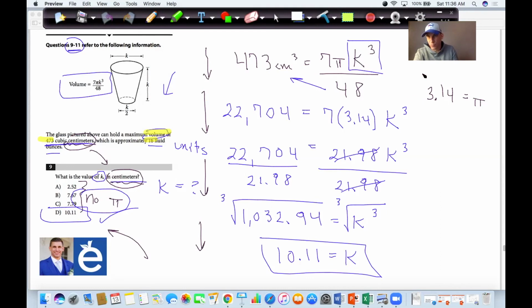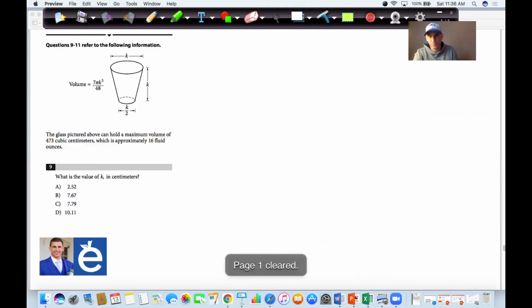Otherwise, I would have just sort of stood there like, well, what do I do with 3.14? Granted, hopefully at the very end, you would realize, oh, well, I basically have to now figure out a way to remove pi from my equation. Hopefully that doesn't intimidate you too much, but I'm constantly using the answer choices as a guide to evaluate what is going to be the best course of action, okay?